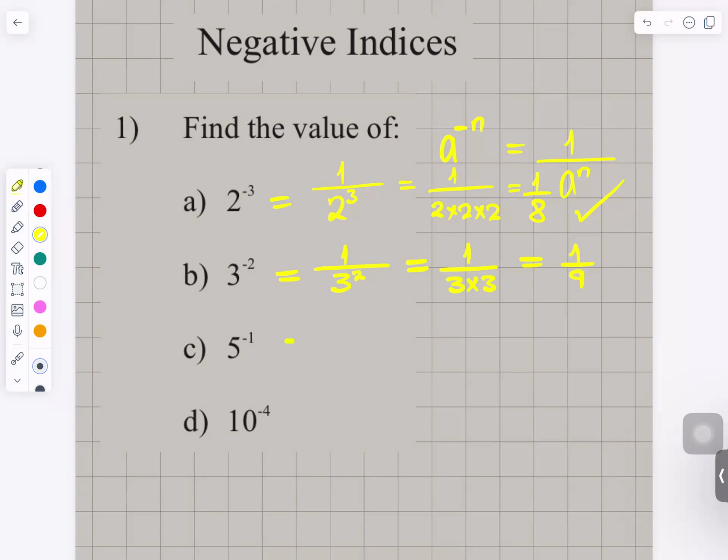And 5 to the minus 1 is 1 over 5 to the power 1, which is just 1 over 5. 10 to the minus 4 is 1 over 10 to the power 4, which is 1 over 10 times 10 times 10 times 10, which is 1 over 10,000.